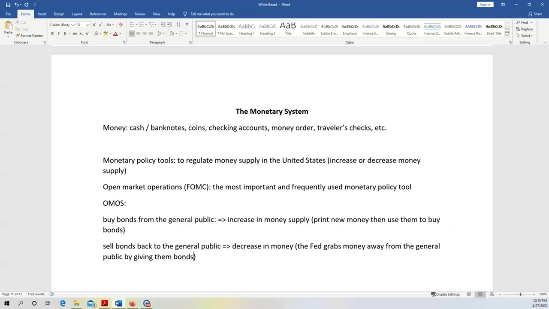So whenever the central bank wants to decrease money supply, the central bank can conduct a particular type of open market operation called selling bonds back to the general public to decrease money supply.